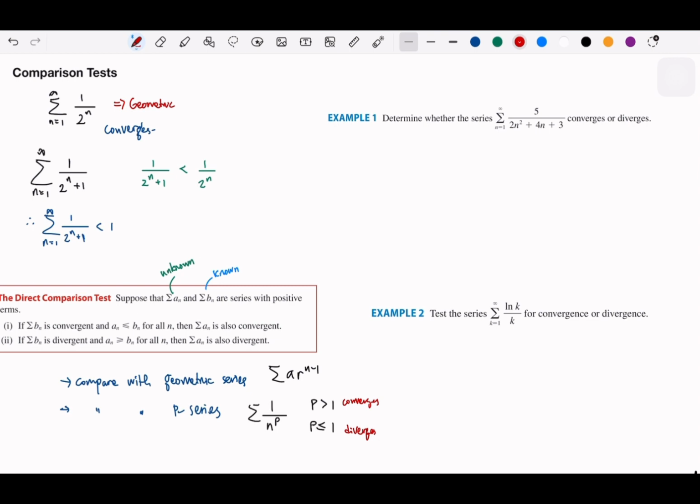Since the denominator is positive, it must be positive, right? Since it's also a quadratic polynomial, we know for sure that as n gets larger, the denominator gets larger, and the whole thing becomes smaller, right? So I think we can do something, and we can try to find some series that can be applicable.